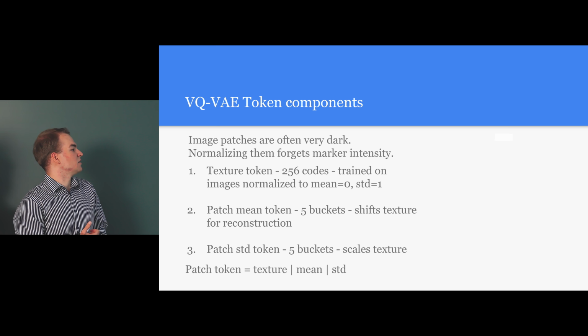The first one is the texture token, which is just normalized to mean 0, STD 1. The second part is the patch mean token, and then we have an image STD token. Then the token for a patch is just a combination of these three tokens.